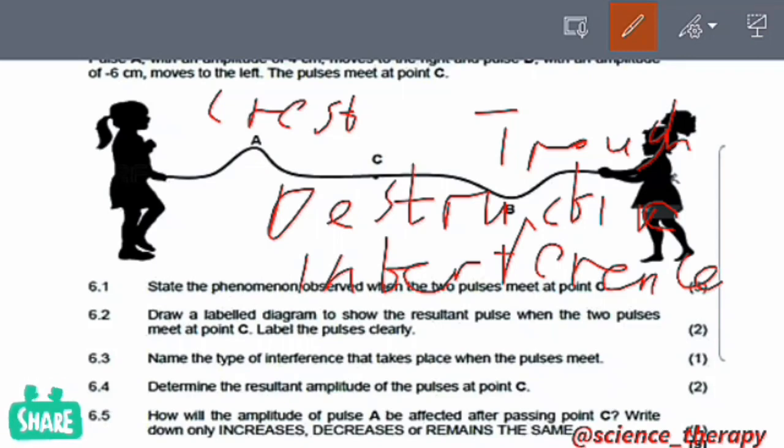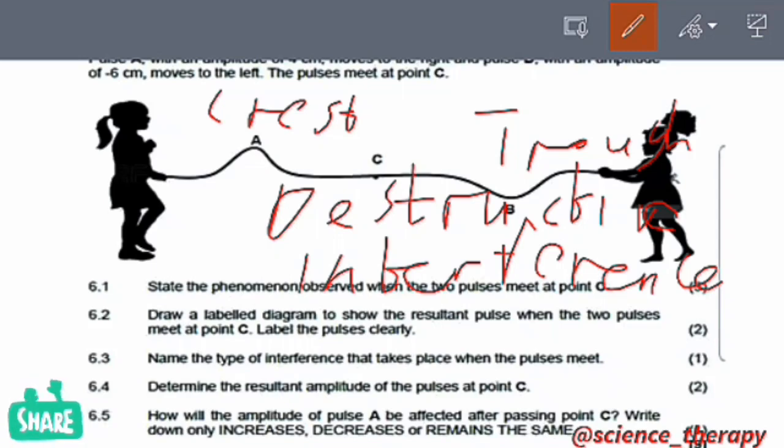But if two pulses meet with a crest and a crest, we have constructive interference, since they will meet to form a pulse of a bigger amplitude. But when they meet with a crest and a trough, they form a pulse of a lower amplitude.